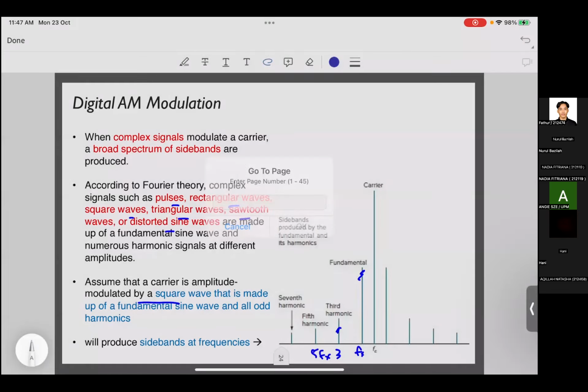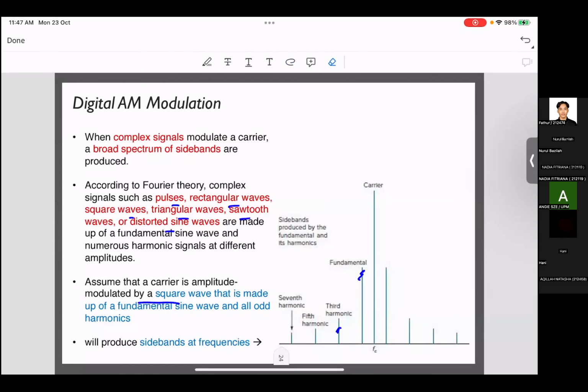I feel you are going to be confused between this fundamental and the carrier. But remember, this is the modulating signal, VM, and this is our carrier. The VM is composed of many components because it's complex.